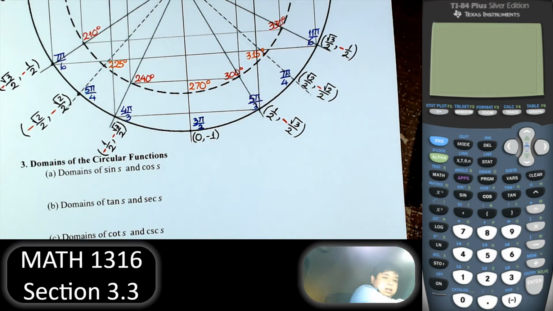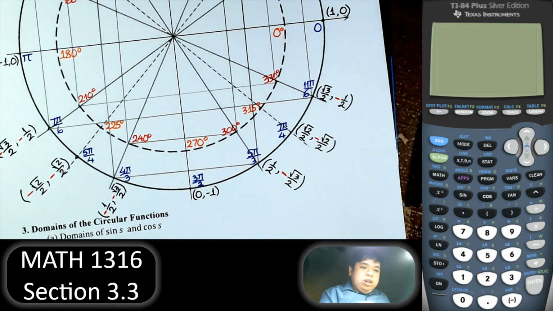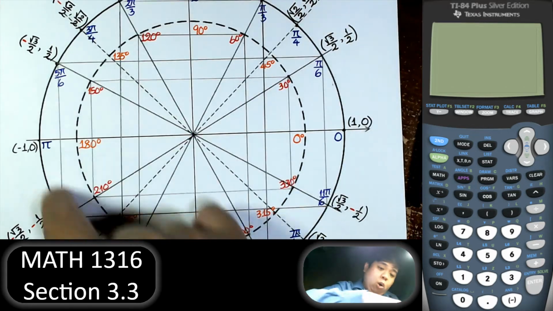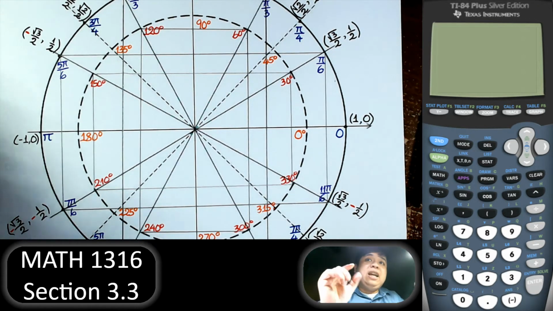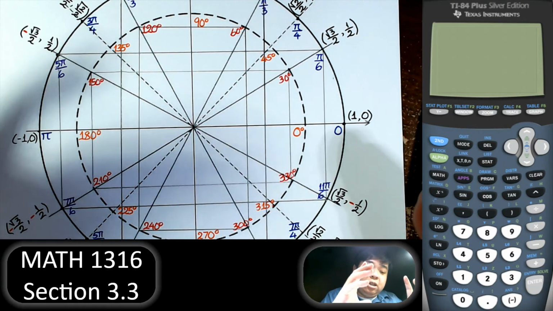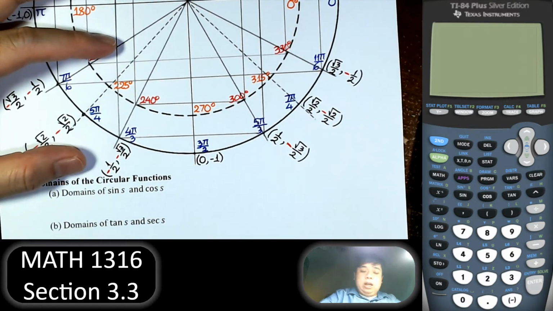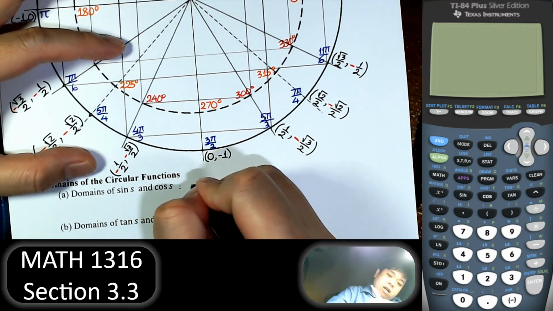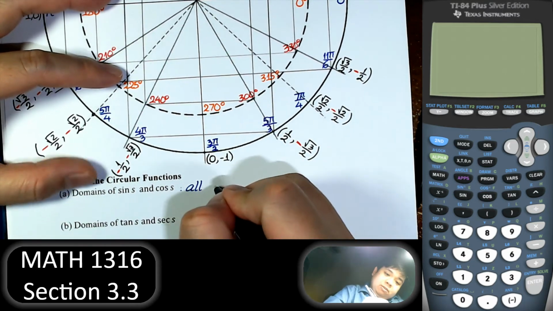Now, write down the domain of sine and cosine. The way we define it, when we go around and around the circle, doesn't matter where we are, we can always get an x value and y value for the circle, right? So in that case, the domain of sine and cosine will be all real numbers. We will go over this in more detail in chapter 4.